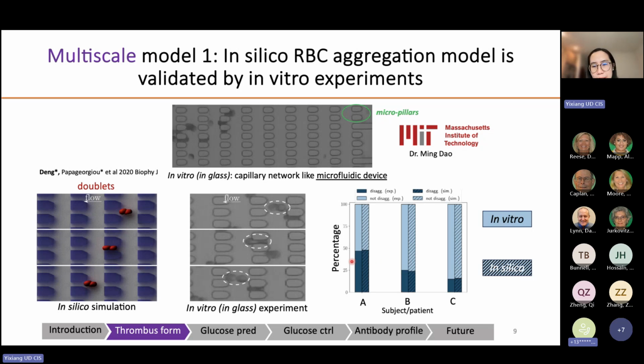And then we compare quantitatively for each patient. We can see the disaggregation rate denoted by the dark bars also matches well between the in silico model, represented by the dashed bar, and the experimental model, represented by the solid bar, for each patient.